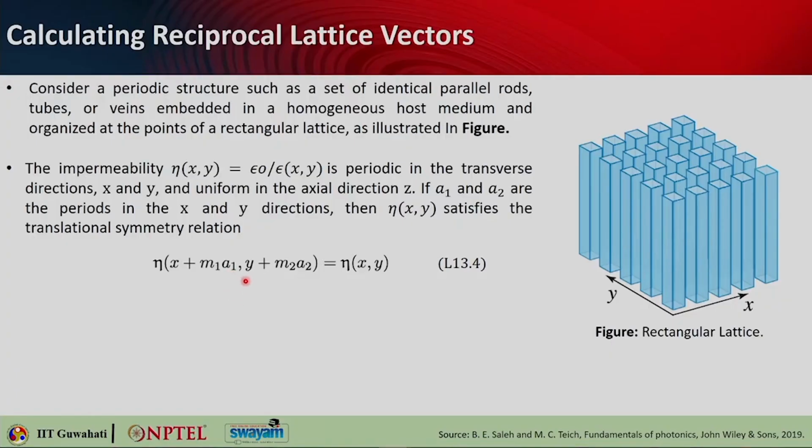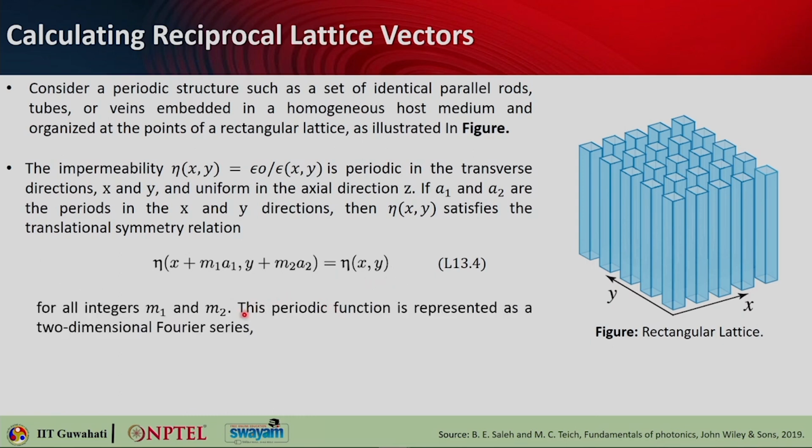So, you can say that eta xy satisfies the translational symmetry relation: eta of x plus m1 a1, y plus m2 a2 will be the same as eta xy. For all integer values of m1 and m2, this relation will be satisfied. So, this is a periodic 2D lattice.